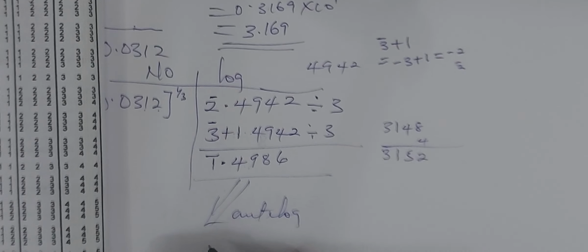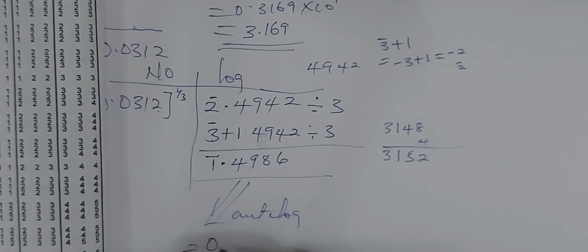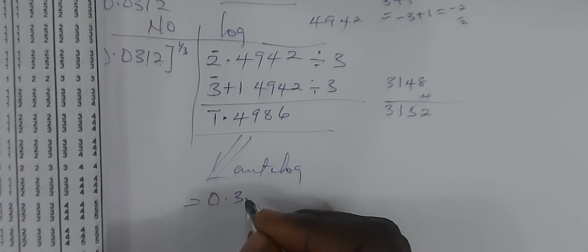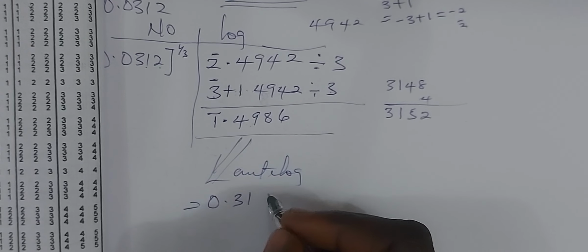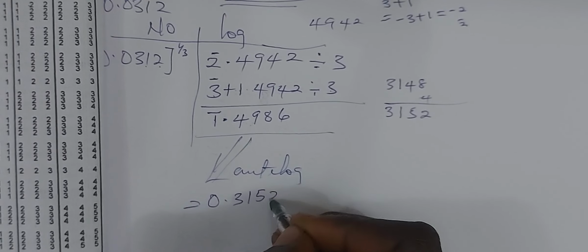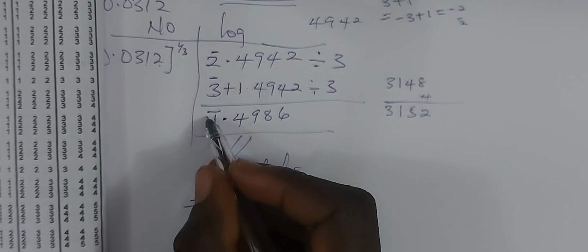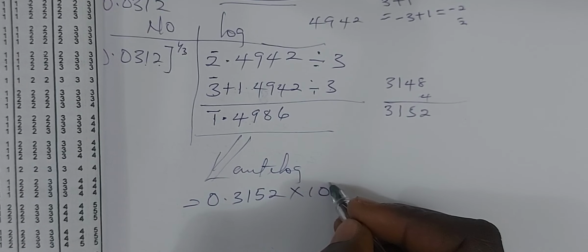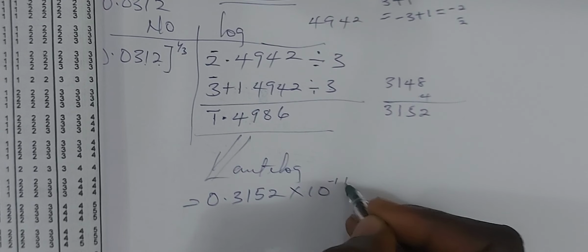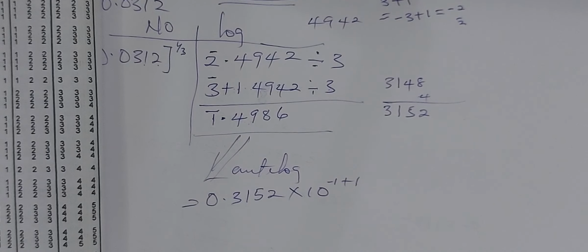So we have 0.3152 times 10 raised to the power of minus 1, plus 1. You must always add this. Don't forget, you need to add this always.